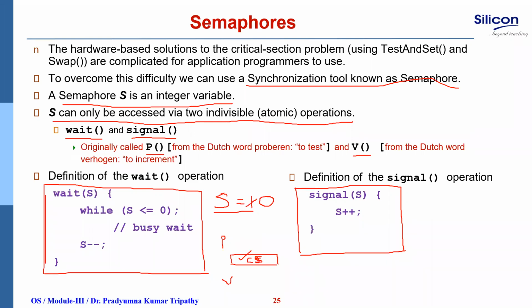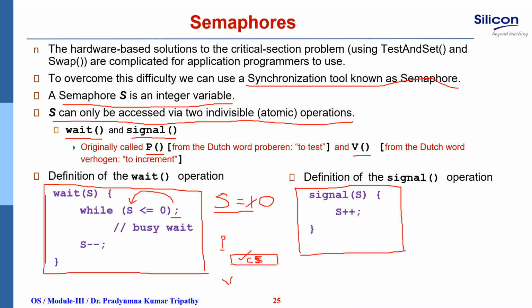Now suppose the process is in the critical section, and another process wants to enter. It must also execute this P. So when it starts executing P, what will happen? Now what is the value of S? 0. So S less than or equal to 0 satisfies. As it satisfies and the semicolon is given over here, it is just spinning in this while loop.